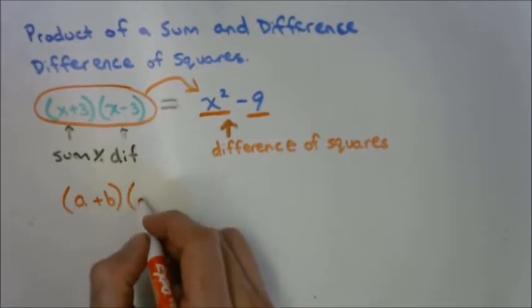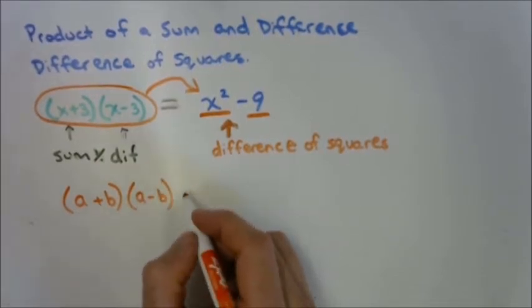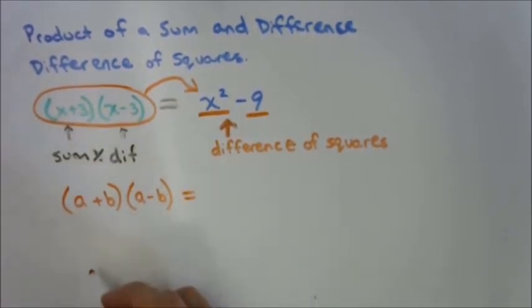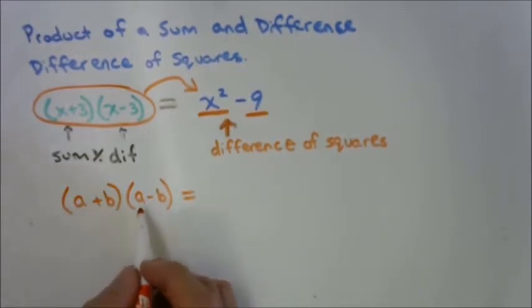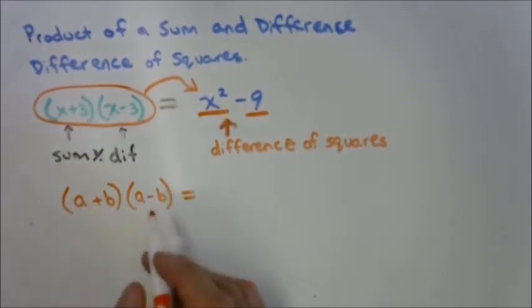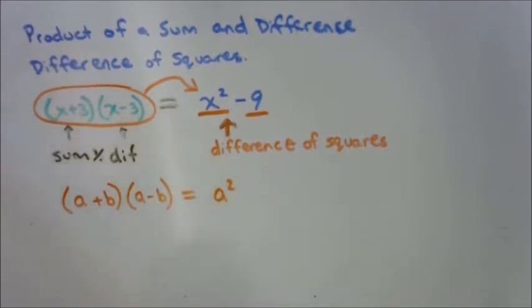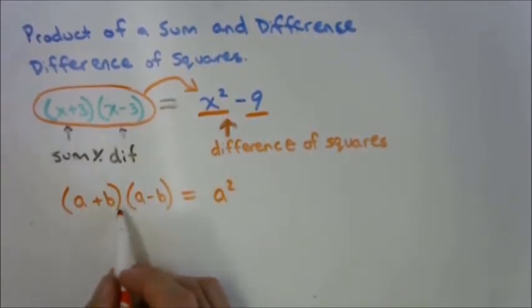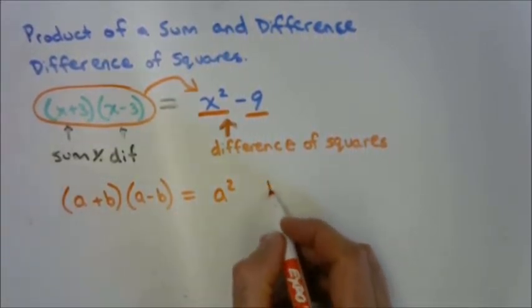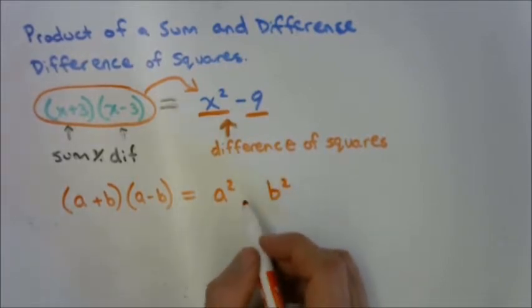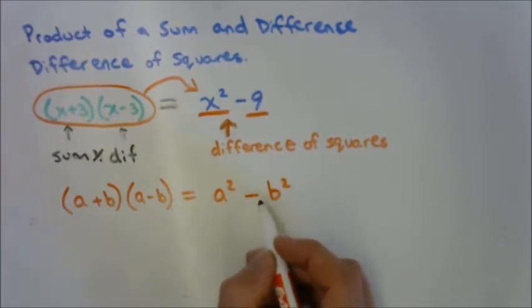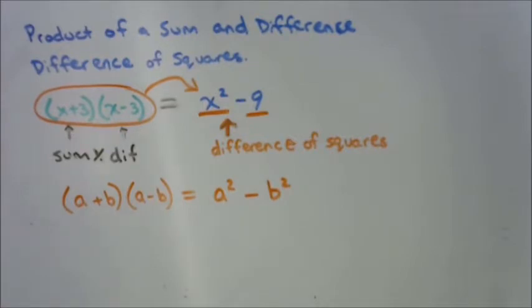You've got a plus b times a minus b. And all we need to do is find the product of the first term in each binomial. That's a squared. And the product of the second term in each binomial. That's b squared. And we need to have a subtraction in between there. It's called the difference of squares.